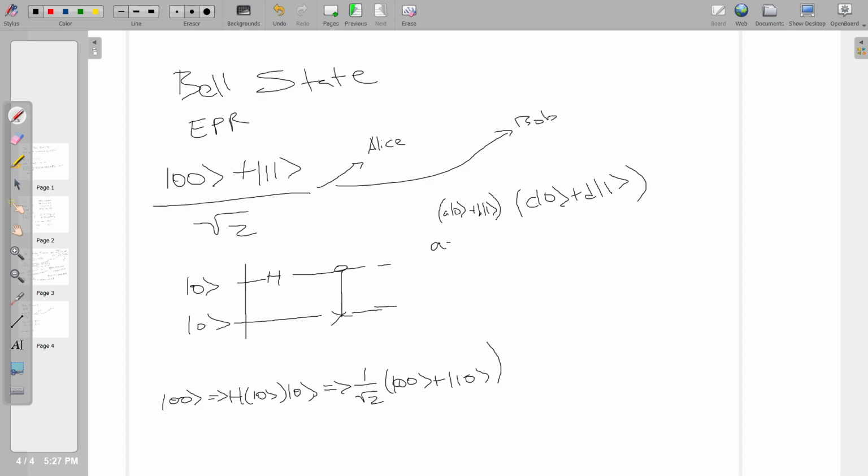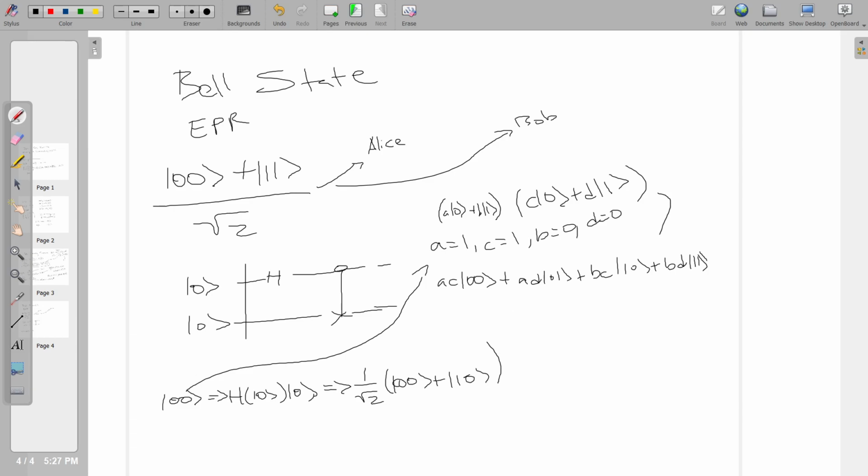So we know a equals 1, c equals 1, b equals 0, d equals 0. And that's what that corresponds to. But now let's expand this out. So we know it's a c 0, 0 plus a d 0, 1 plus b c 1, 0 plus b d 1, 1. This is just this expanded.